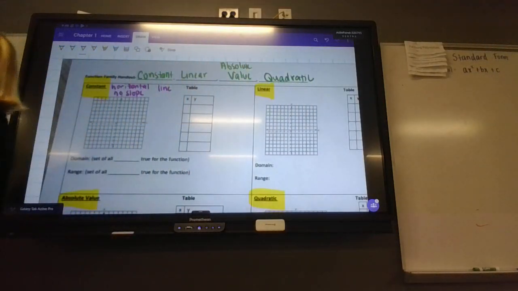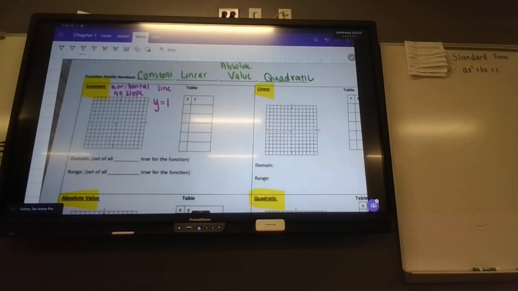An example of a no slope line would be y equals 1. I'm going to fill out the table. For this table, we're going to plug in -2, -1, 0, 1, 2 for x.